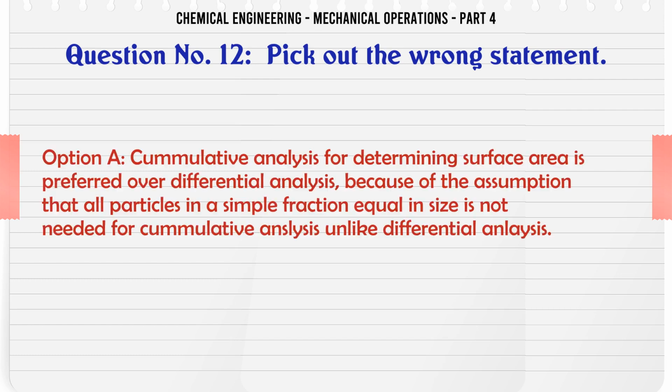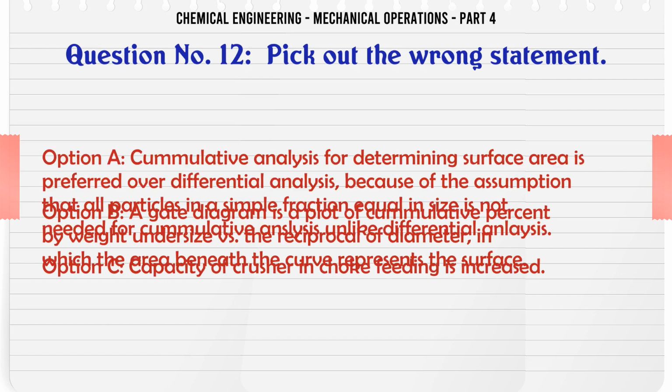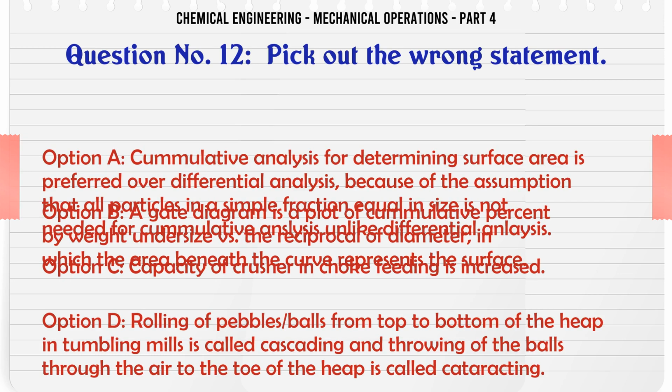Pick out the wrong statement. A. Cumulative analysis for determining surface area is preferred over differential analysis because the assumption that all particles in a sample fraction are equal in size is not needed for cumulative analysis, unlike differential analysis. B. A Gates diagram is a plot of cumulative percent by weight undersize versus the reciprocal of diameter, in which the area beneath the curve represents the surface.